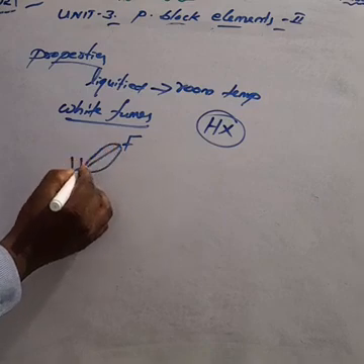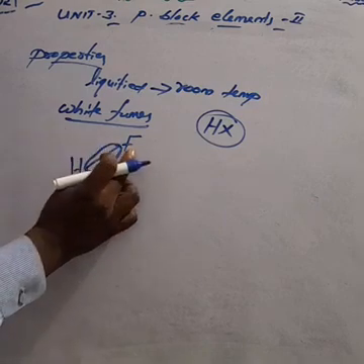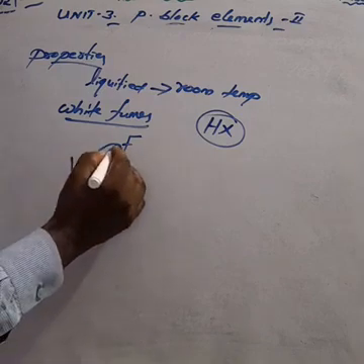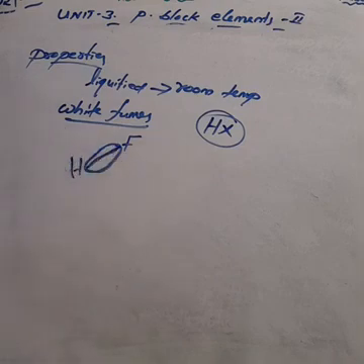Hydrogen combines with a highly electronegative atom, that is fluorine. Fluorine is of small size, when we compare it with chlorine, bromine, iodine.